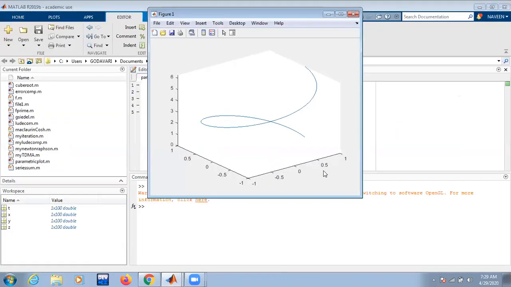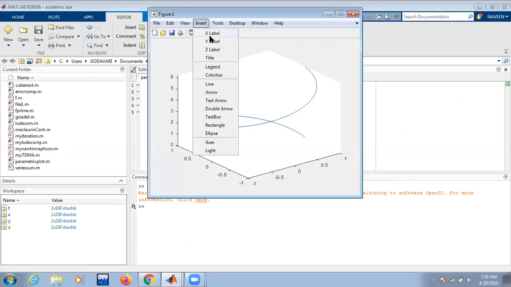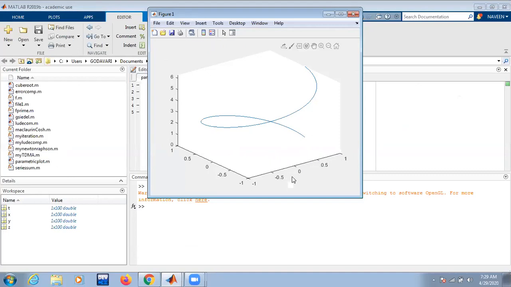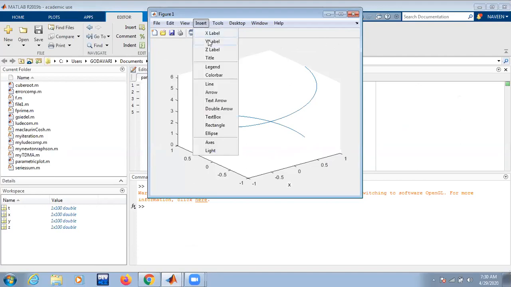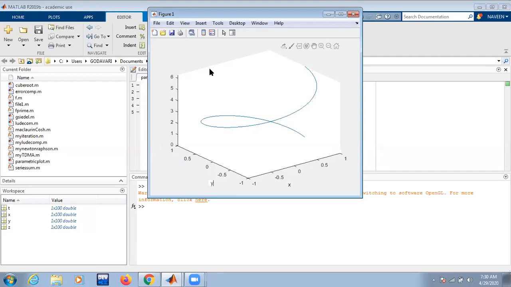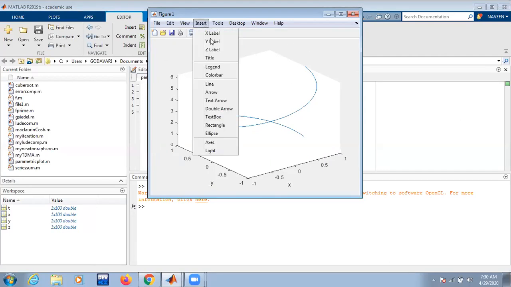the graph. What is the x-axis, y-axis, z-axis, you can see through labels. So this is x, and this is y, and this is z.